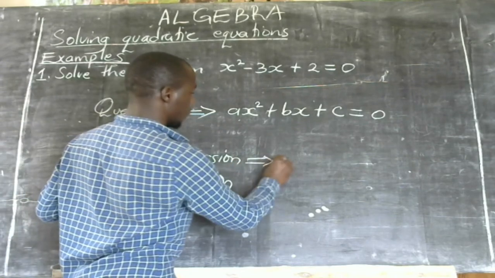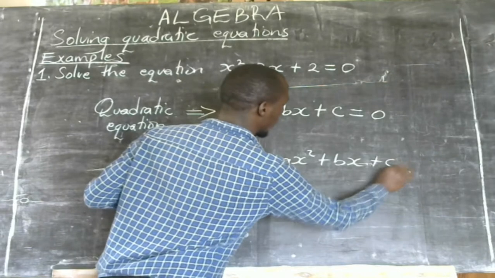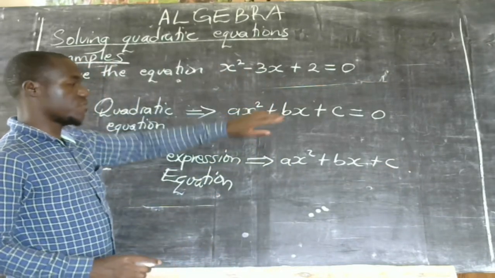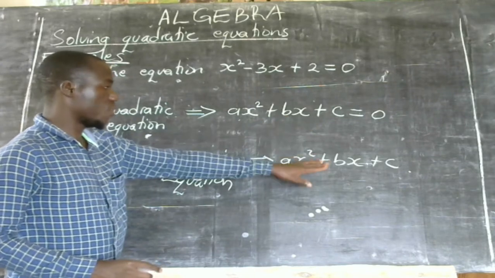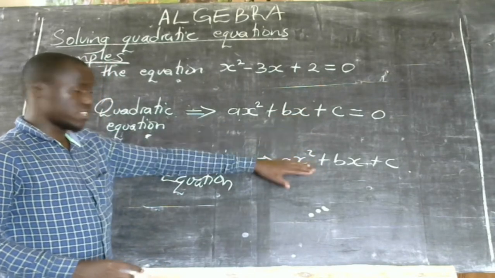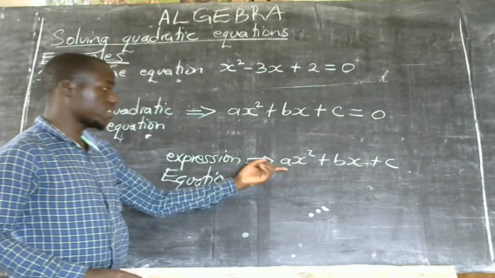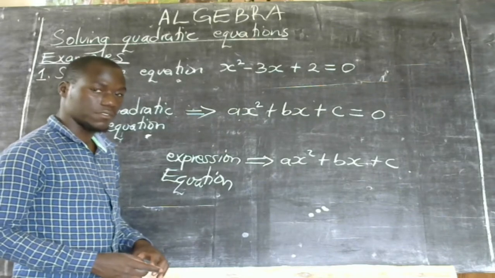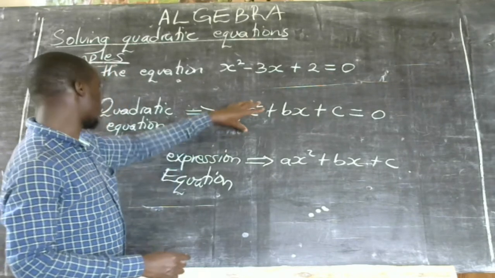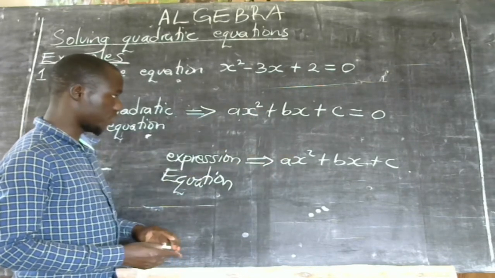The quadratic expression was of the form ax squared plus bx plus c. Now the quadratic equation is of the form, that one. What changes the expression into an equation is that the equation has an equal sign, but an expression does not have. So differentiate between the two, that is the equation and an expression.